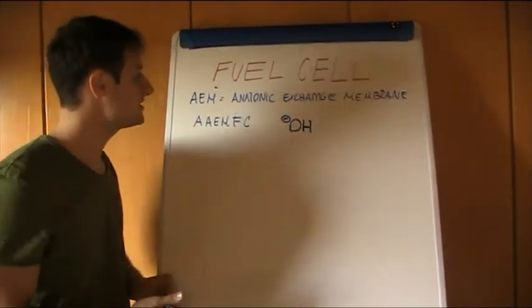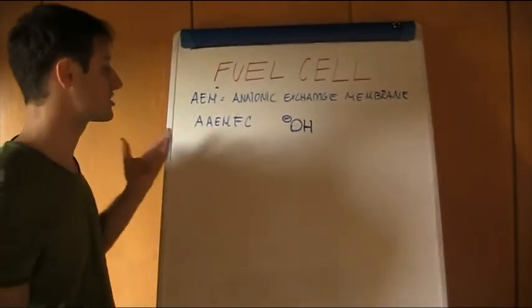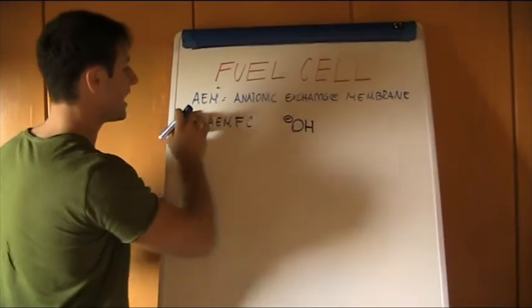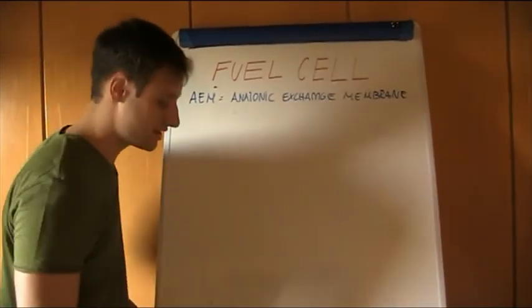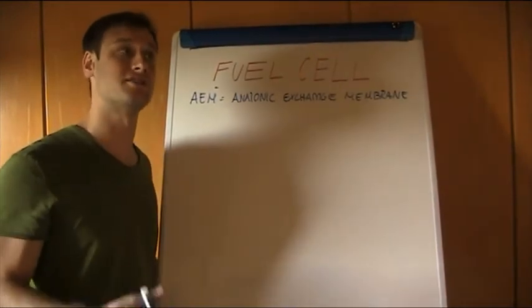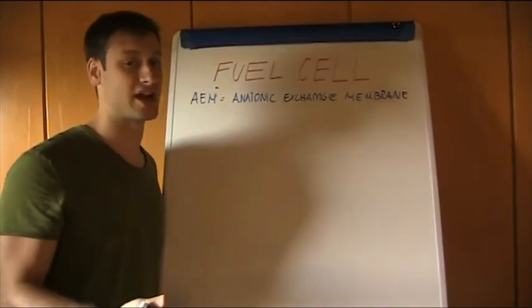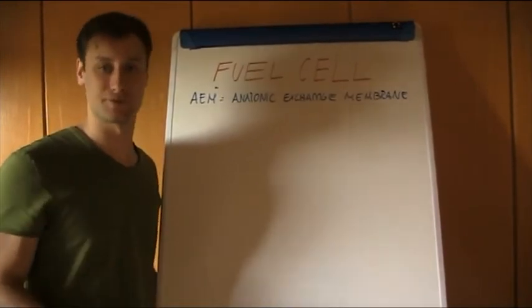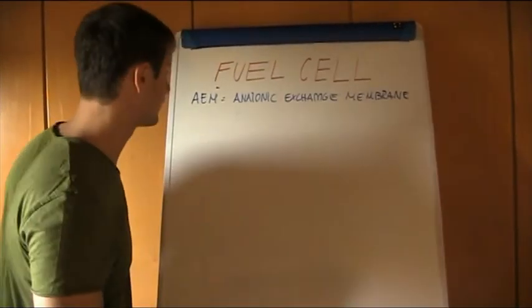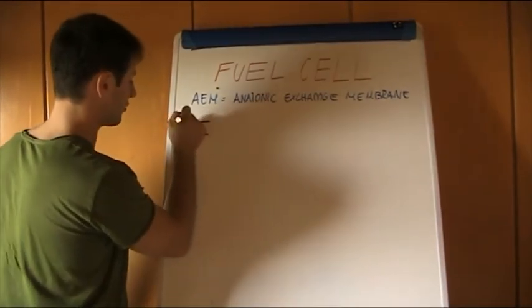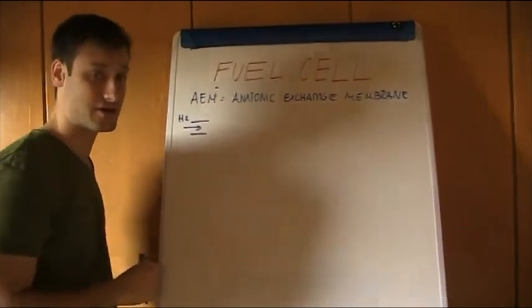But now, let's try to describe the structure. At the very beginning, it's important to say that an ionic exchange membrane can be used in fuel cells based on hydrogen as fuel, and even on methanol as fuel. So if we want to describe the structure, we have our hydrogen, or it could be methanol, it doesn't matter.